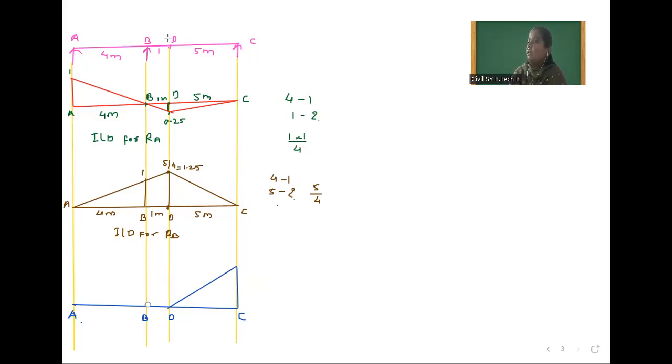So this is the ILD for RC. This value is 1. This distance is 5 meter. This is 1 meter and this is 4 meter. Then we will draw ILD for shear force and bending moment.